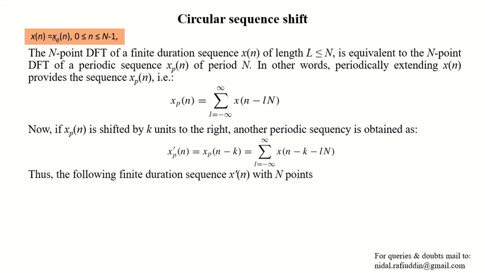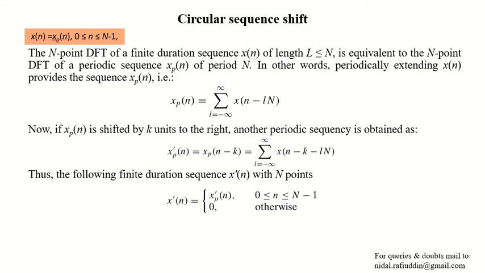Thus the following finite duration sequence x'(n) with N points is obtained. So we have a sequence x'(n), and this is another definition of a finite duration sequence. This is not infinite like xp'(n). We can obtain it from xp'(n), which is in fact an infinite duration sequence, periodic in nature.